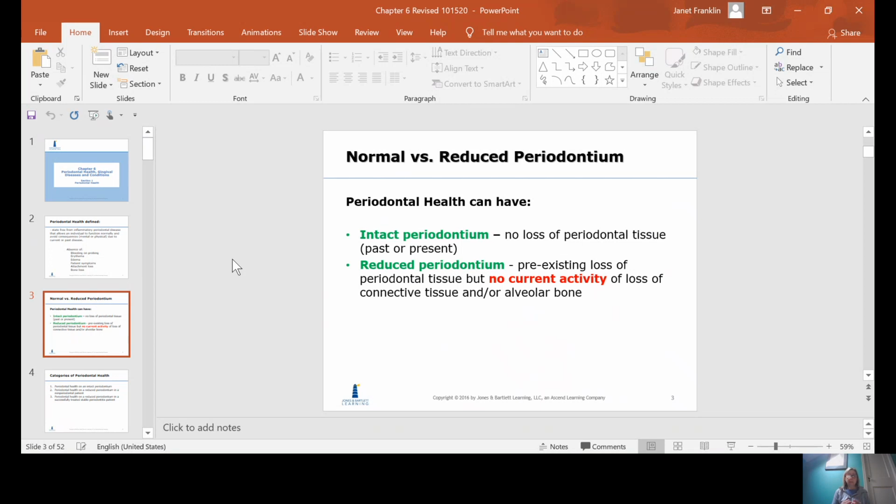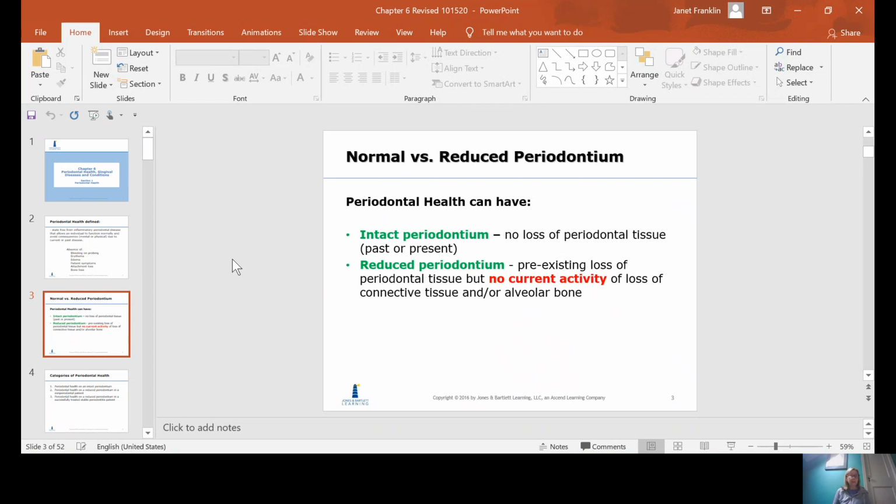We do not use this category as much as we do diagnosing them with just periodontitis. The reason is because it's really difficult to prove that they have a history of no continuing attachment loss. As you become a hygienist, you're going to find that periodontitis patients in general tend to have areas that fluctuate a lot of times.